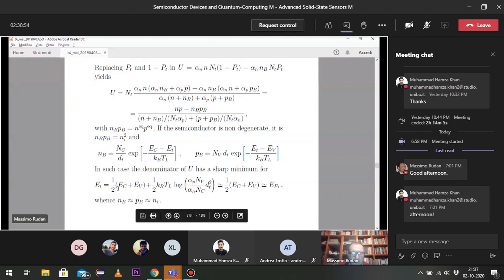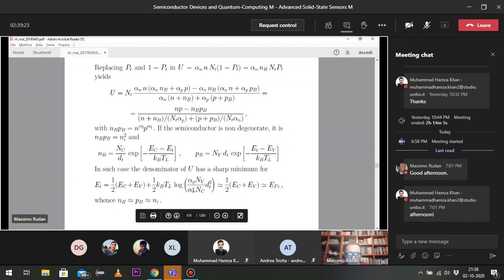Okay. Now, if we examine this expression, we see that 1/2 EC plus EV is just the mid gap. The other expression is small because KT, as usual, is small with respect to the mid gap, okay?